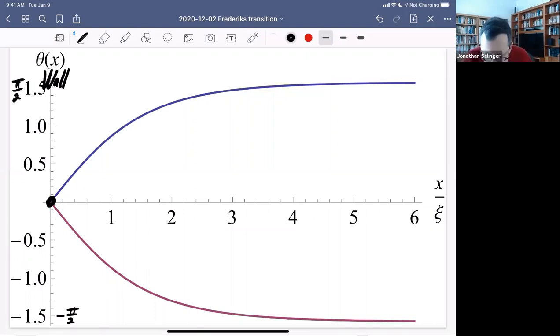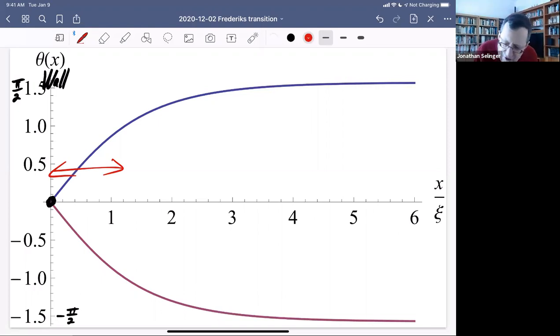So that near the wall, it's aligned in the way that the wall requires. And away from the wall, it's aligned in the way that the magnetic field favors. And in between, there's some transition region. So there's a region in between, something like this big, where the director is gradually changing from being in the wall direction to being in the bulk direction.